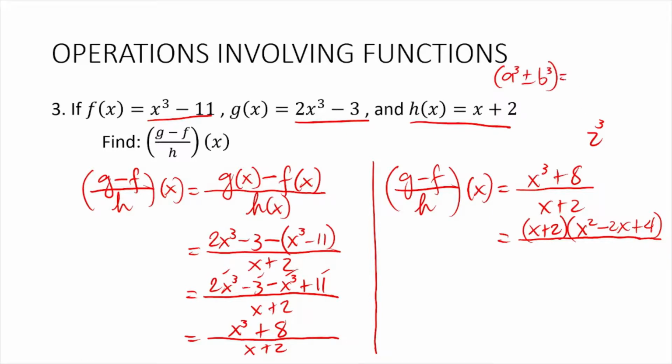Okay, so if it's a sum, then we say this is equivalent to a plus b. If it's a difference, then we also say a minus b. Okay, so we just follow whatever operation is given in the problem. If it says addition, then we also say addition in its equivalent binomial. Okay, if it's subtraction, then subtraction also.